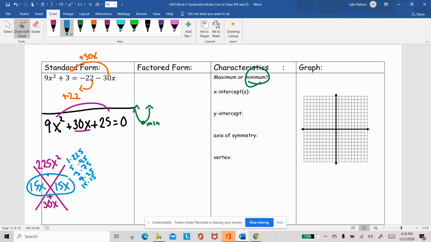You're more than welcome to use the box method, but instead I'm going to show you what I was doing in class. I drop the first term, which is 9x squared, and the last term, which is 25, and rewrite the middle. Instead of 30x, I'm going to replace it with 15x plus 15x.